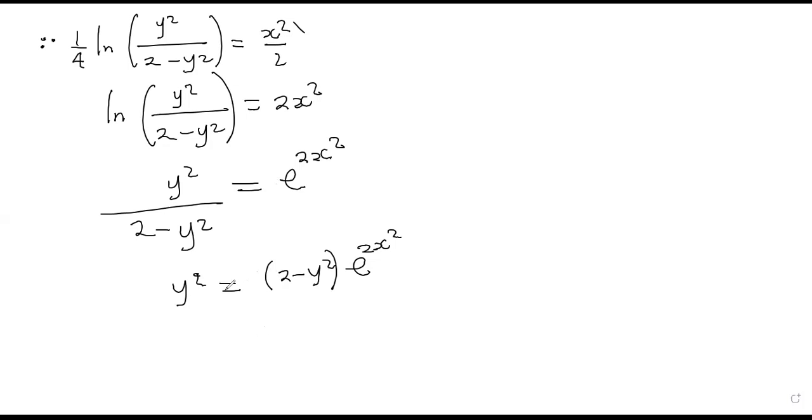So it would mean that y squared into 1 plus e power 2x squared is equal to 2e power 2x squared.